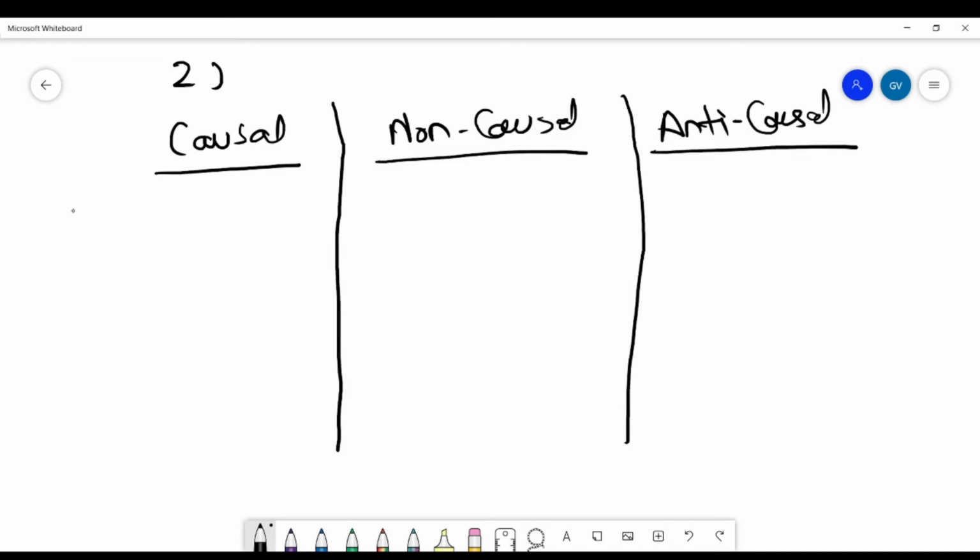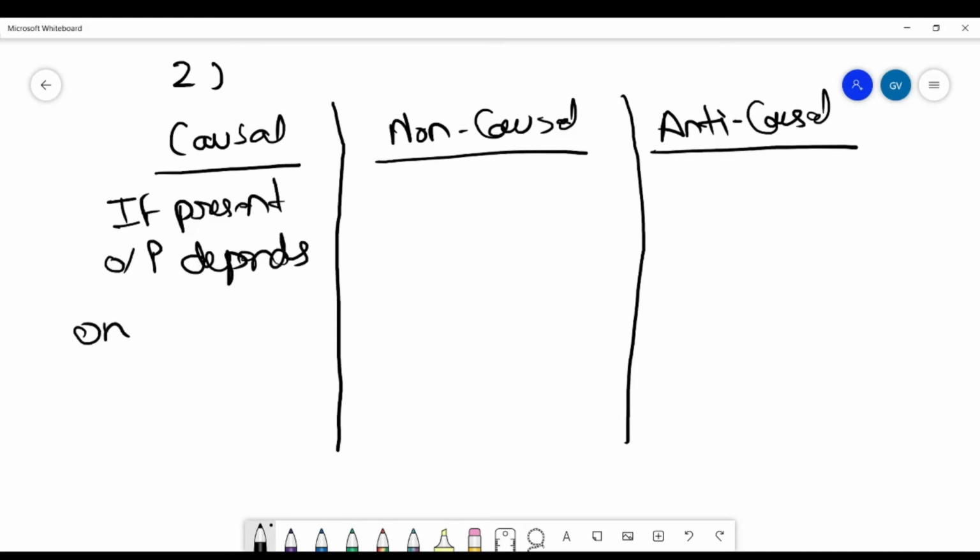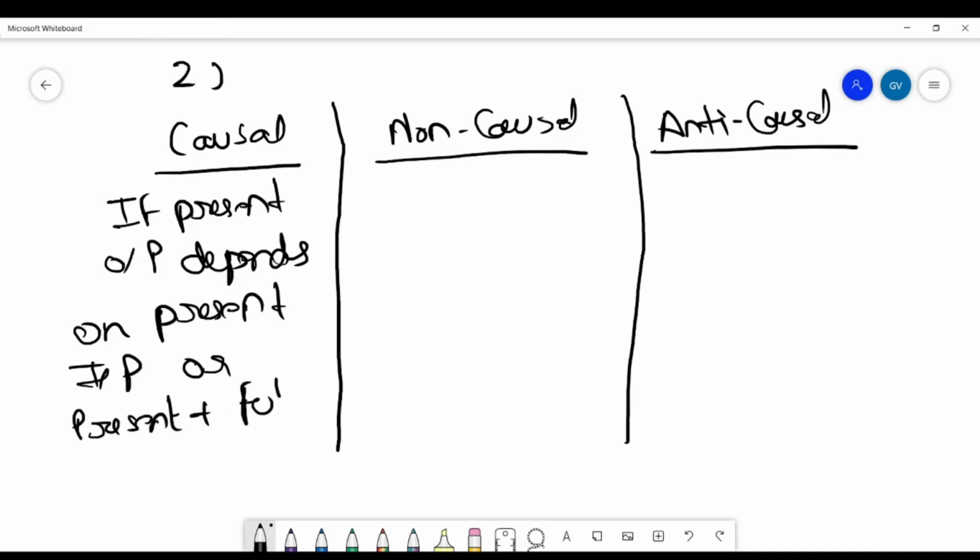In the causal system, if the present output depends on the present input or past input, then it is called a causal system.